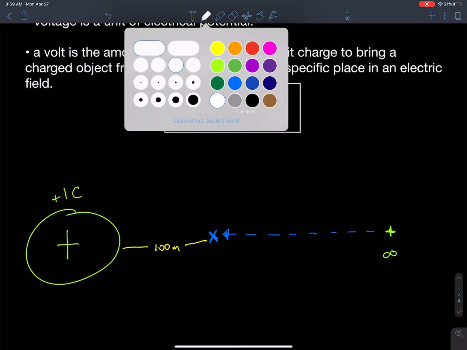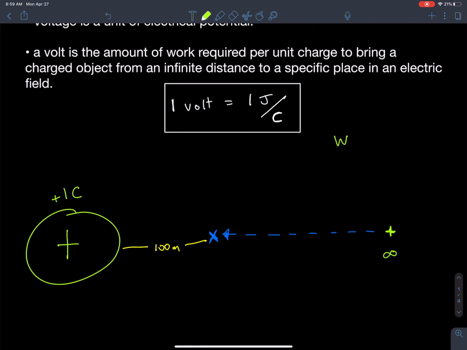Okay, so let's just remember a few things. Work is equal to force times distance. So if I'm out here and I have a positive charge, how much force is being experienced on that positive charge at an infinite distance away? Okay, so the force, as we remember, is k Q1 Q2 over r squared.